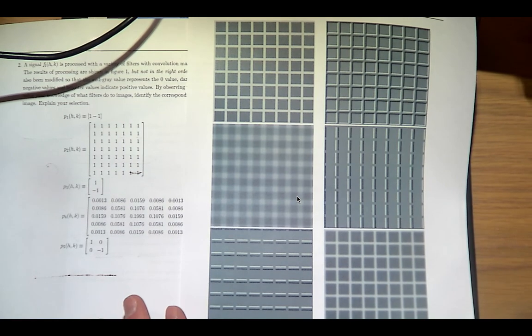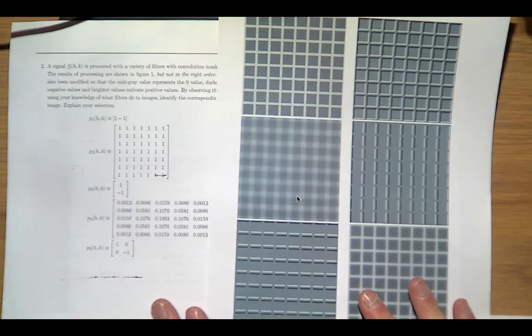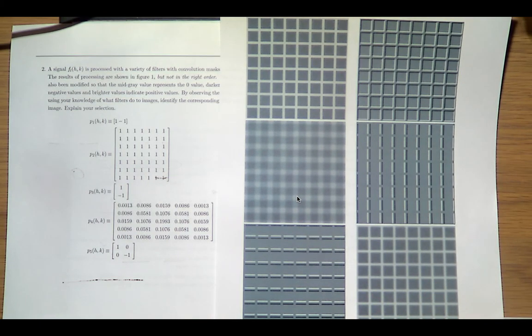Alright, so on the left you have the definition of the masks, and on the right you have the outputs of your system.